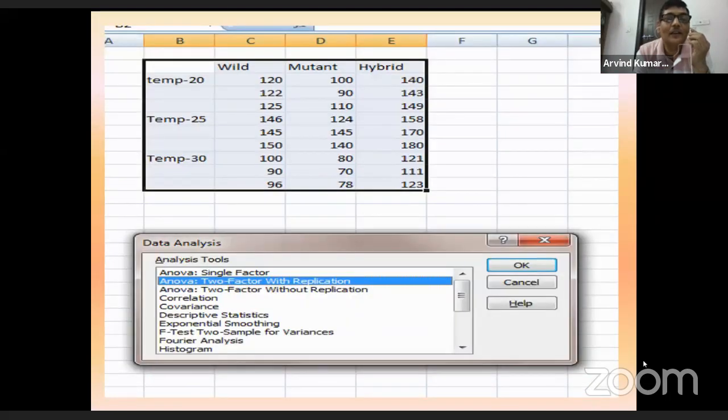Now again, you have selected the entire data, but here you can select even the qualitative aspect, that is wild, mutant, hybrid, temperature. This portion will also be selected. When you select only the quantitative values, then it will not accept.